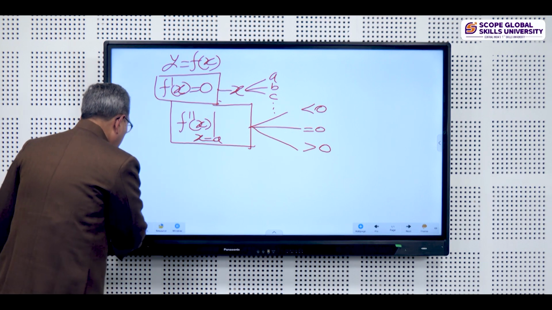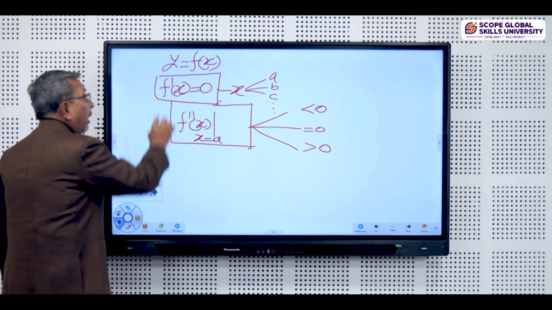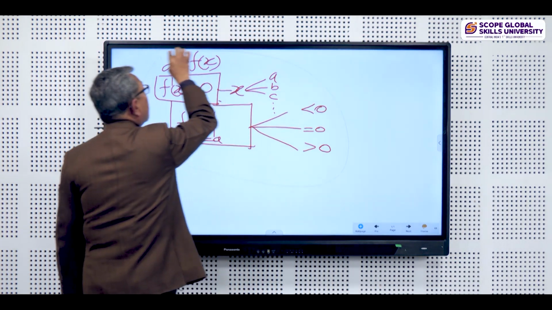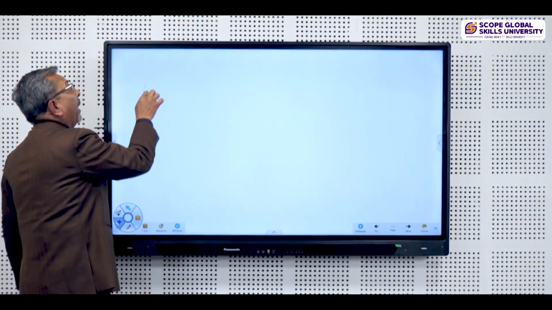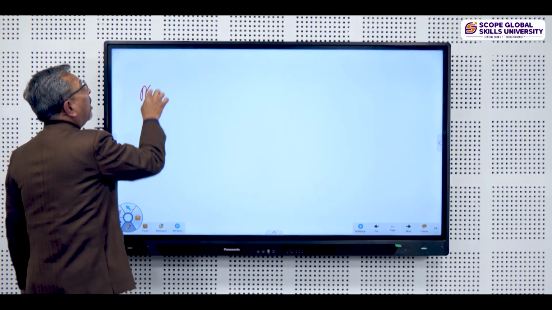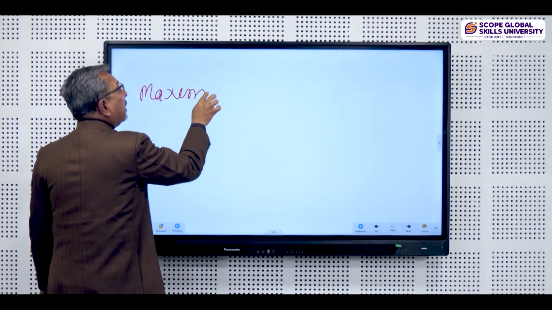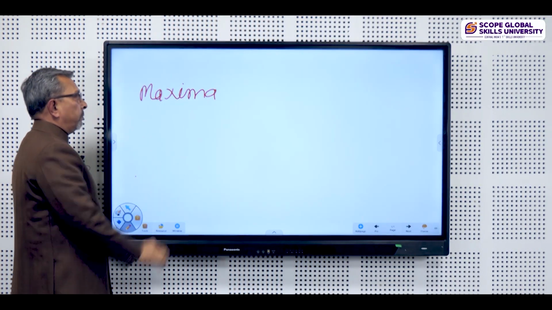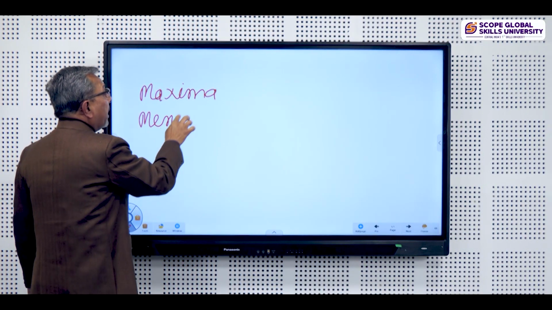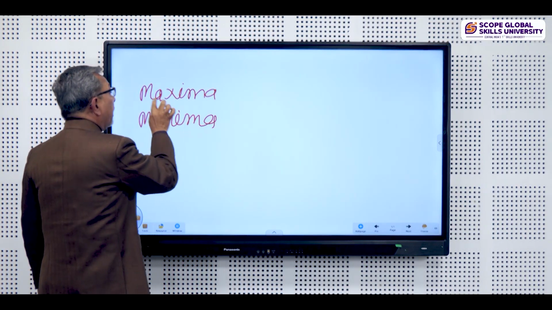Next thing, here I am using the word maxima, but remember, not maximum. Another is minima, but not minimum.